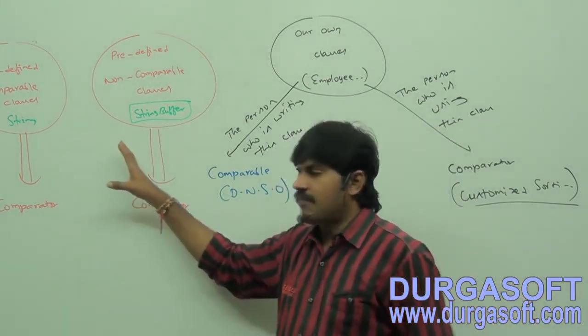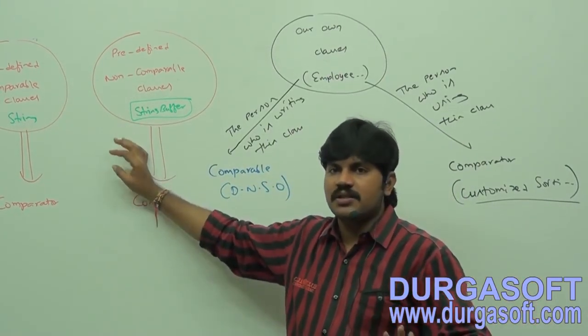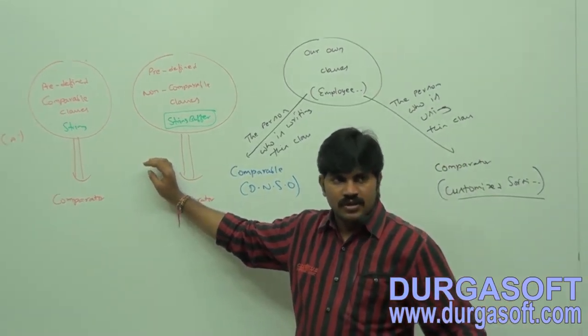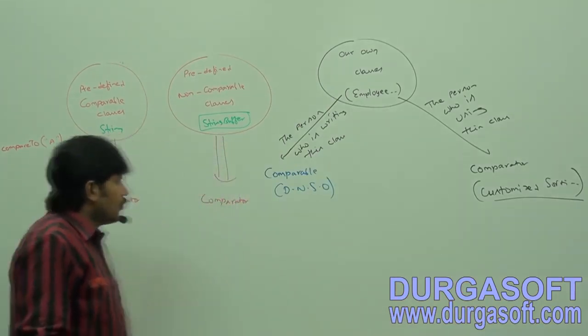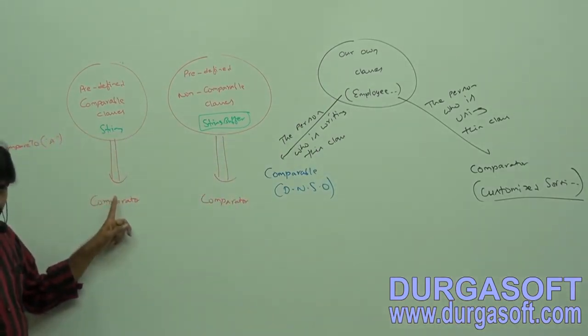Comparable is a predefined concept. For predefined classes that already implement Comparable, we can't do anything. That's why, if you are not satisfied with the default natural sorting order, we can go for customized sorting using Comparator.